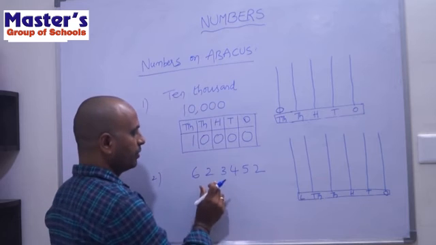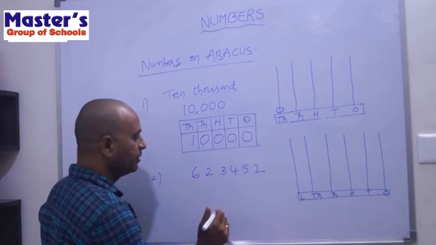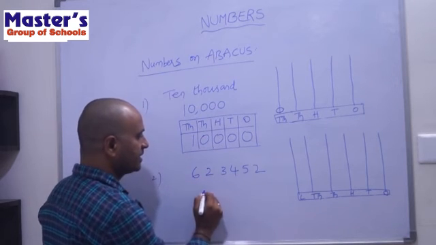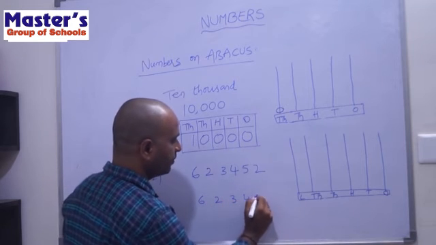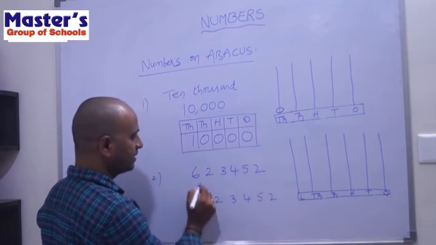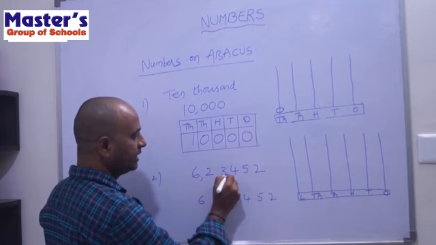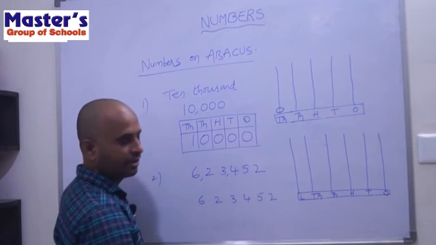Now write the place value chart. The given 6-digit number is 6, 2, 3, 4, 5, 2. That means 6,23,452.